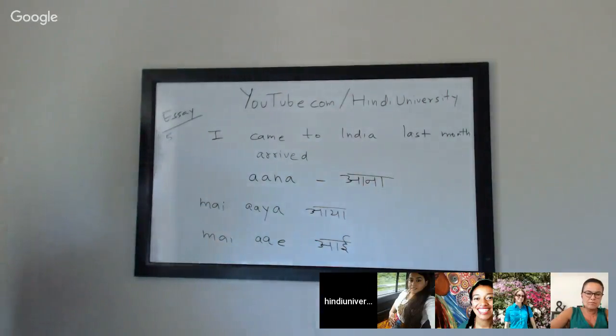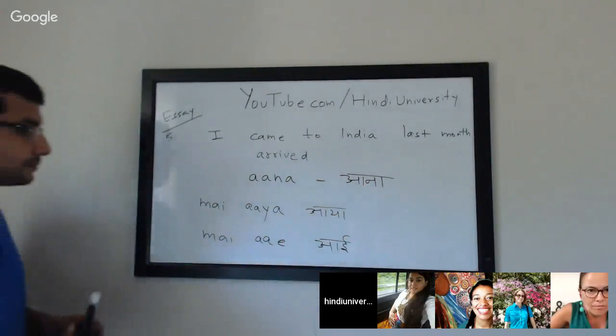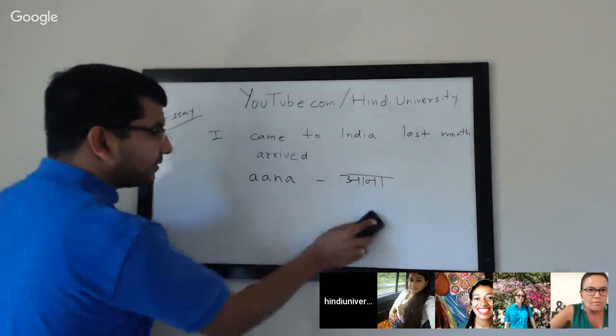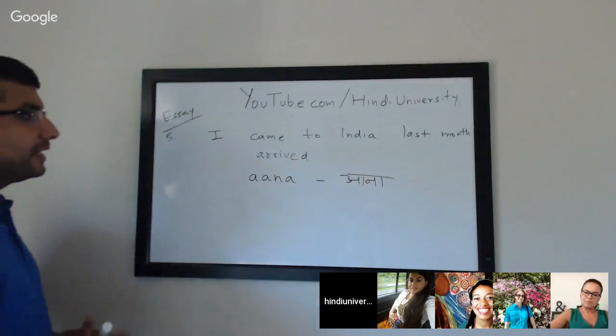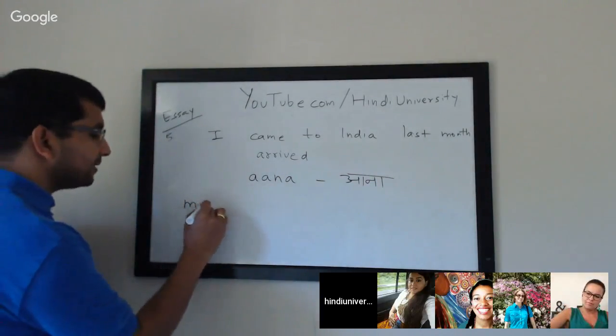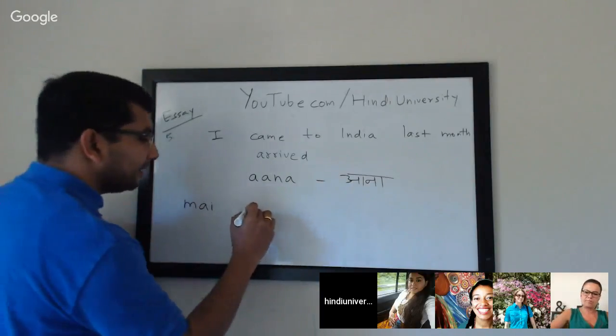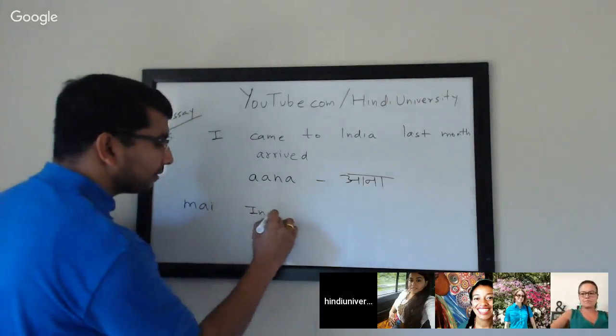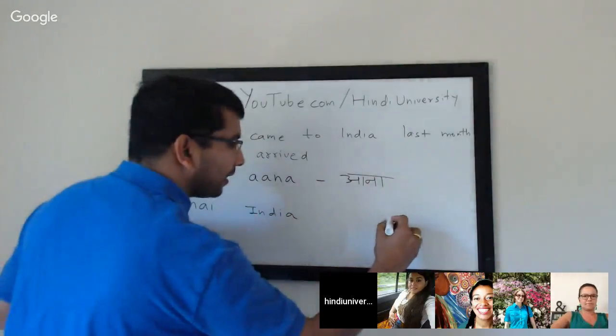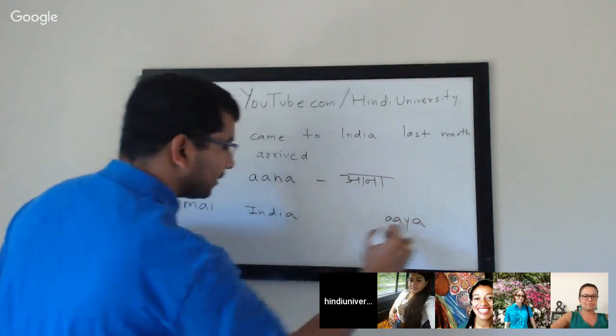Okay, I came. Now let's make it the full sentence, right? So I came to India. So for me, you'll say मैं इंडिया or भारत आया.